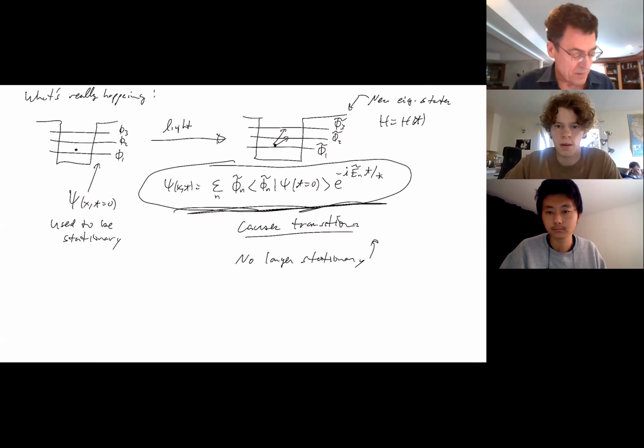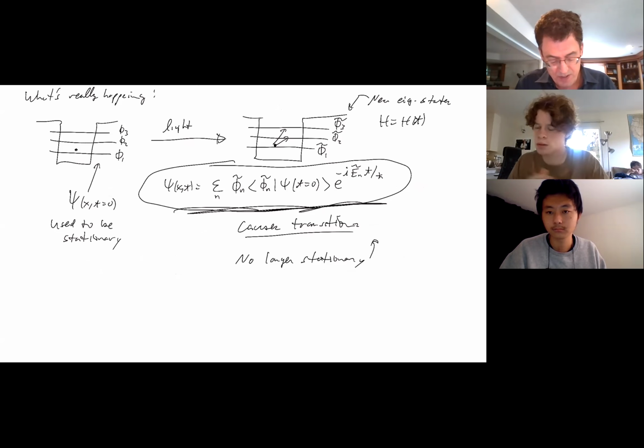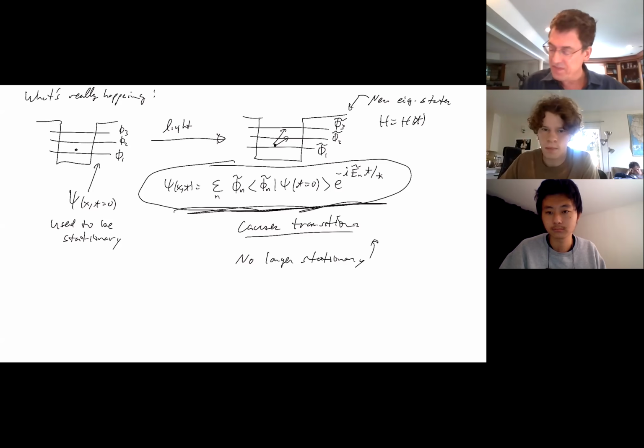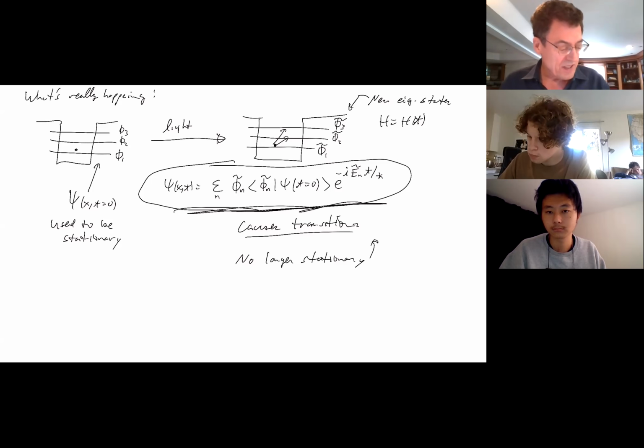Okay, so if that didn't make sense, let's not worry about it, because we're going to go through the prescription in great detail. I just wanted to give you some kind of overview of that.